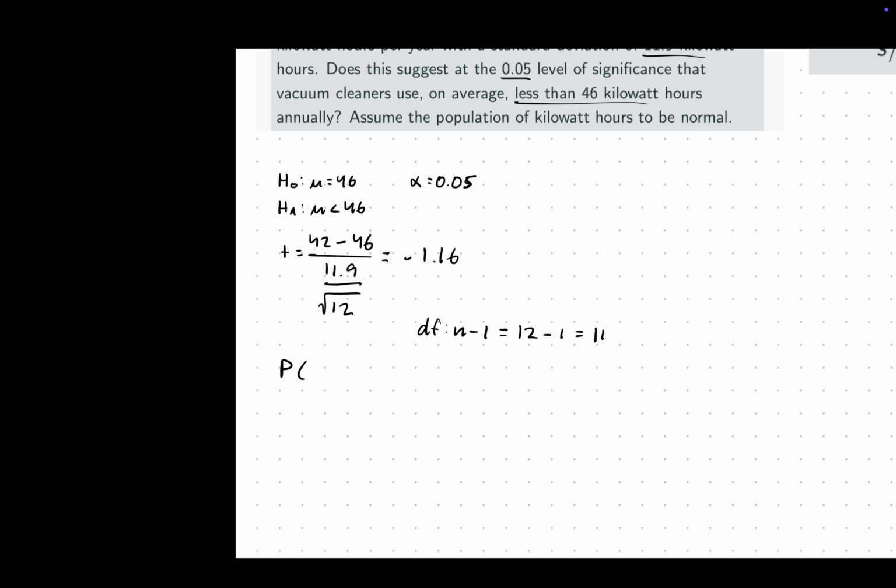Now we need to find the probability that our t with 11 degrees of freedom is less than our test statistic, which is negative 1.16. If we look that up on the t-table, you should find that this equals 0.135.